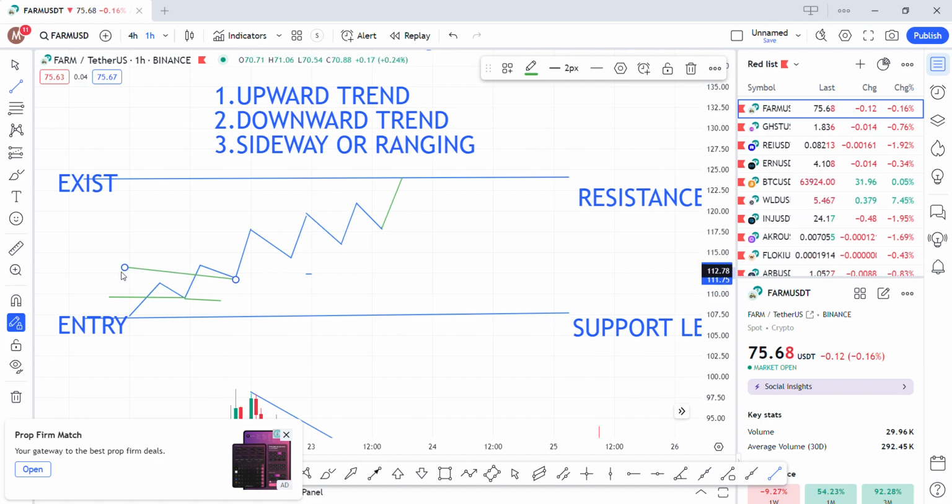Let me drop it here. Don't mind my tools, they're not functioning well somehow. Just permit me, maybe it's because of the screen system and screen touch. Let me remove this. It's forming another support and resistance level, isn't it?